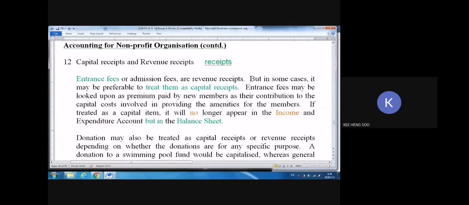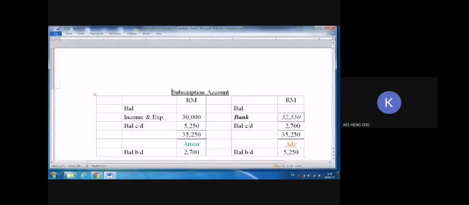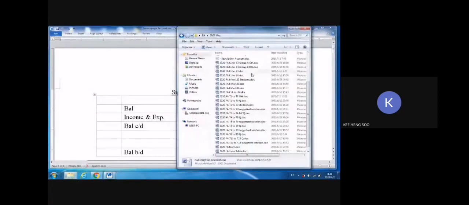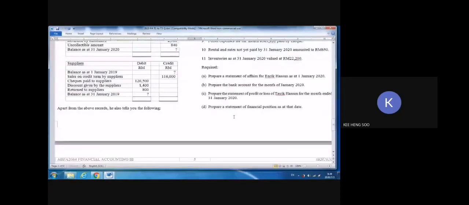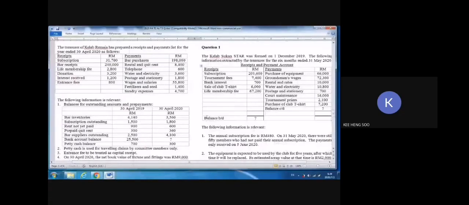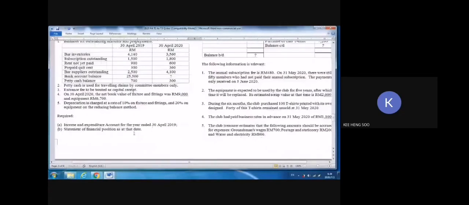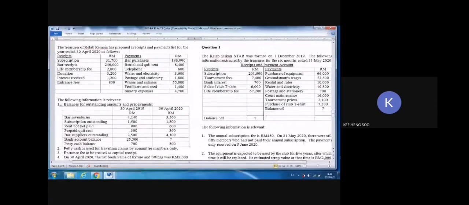In district tutorial, I just want to show you the tutorial this week. This question 3. I think I mentioned somewhere here. Question 6, Kap Remaja.